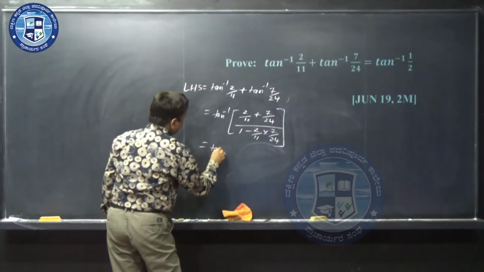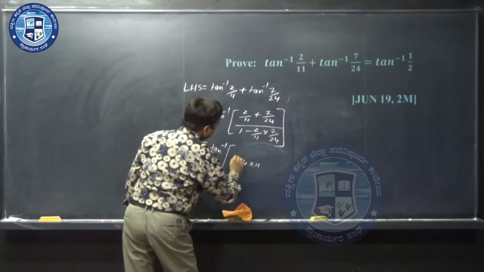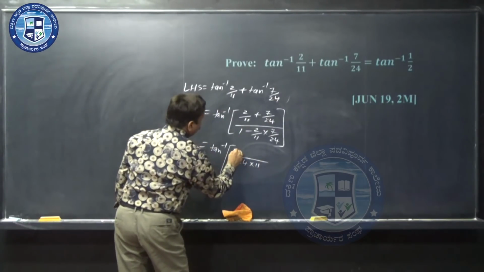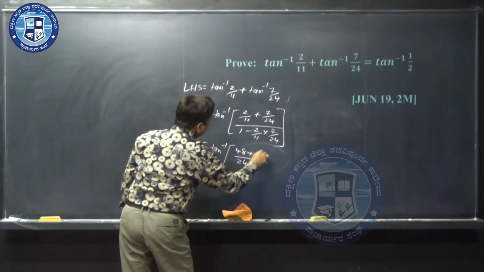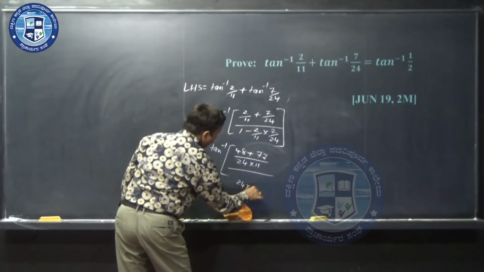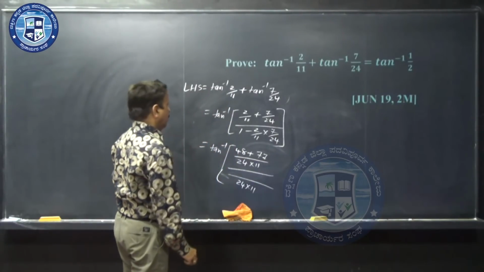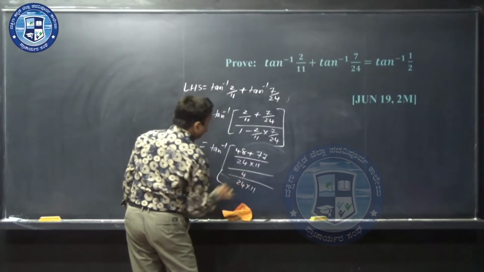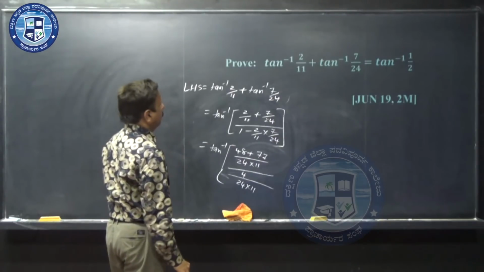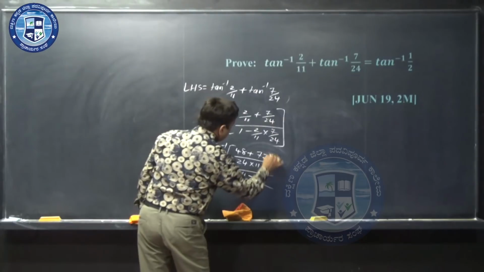That is equal to tan inverse of, let us see, 24 into 11, and here 2 into 24 is 48, and this is 77, divided by 24 into 11, here common denominator, how much is that? 264 minus 14.